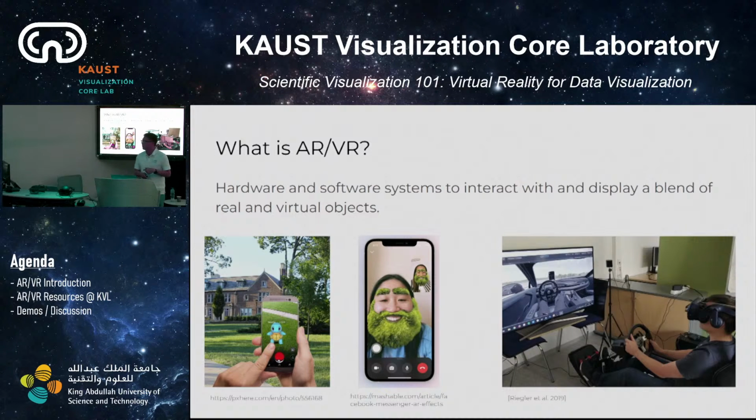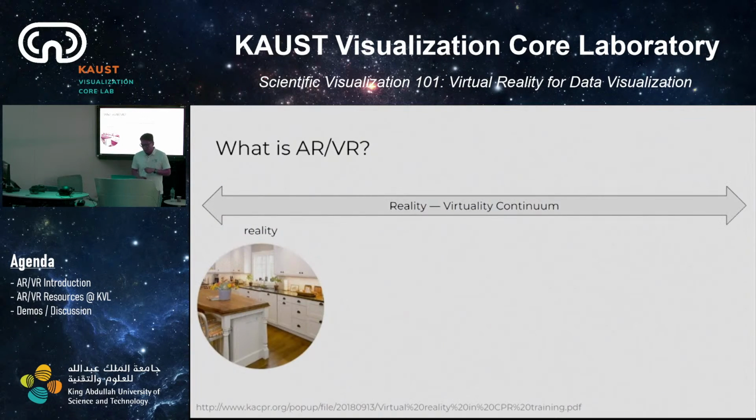And going back to what is AR/VR, a simplistic description is just a hardware and software system that lets you interact and display with a blend of real and virtual objects. Okay? Very simplistic definition. And it's common to talk about this reality-virtuality continuum, especially in the research world. On the one end you have reality, which is where we live, the space where we are in.